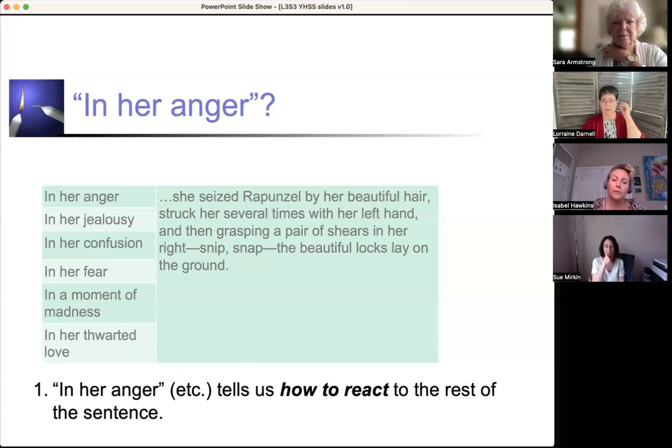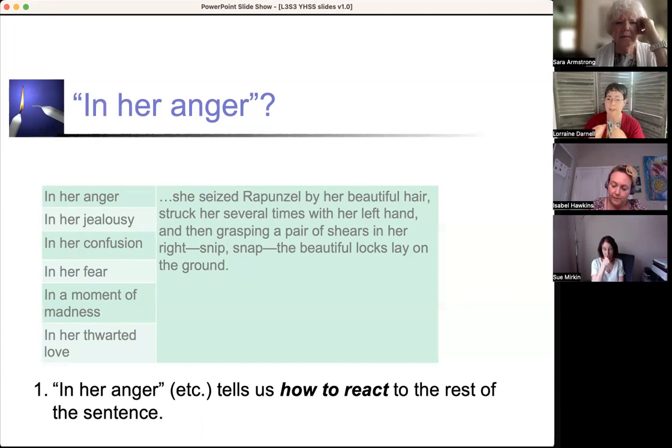Lorraine, do you have your hand wanting to go up? Yes, I was wondering if directly stating the emotion can give us a hint as to the motive or intent of the character. Absolutely. Like if you start out with in her fear, she seized Rapunzel and did all of that, it would make me wonder, well, is she afraid for Rapunzel?